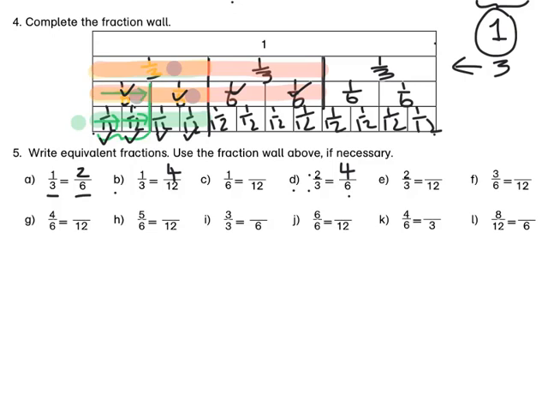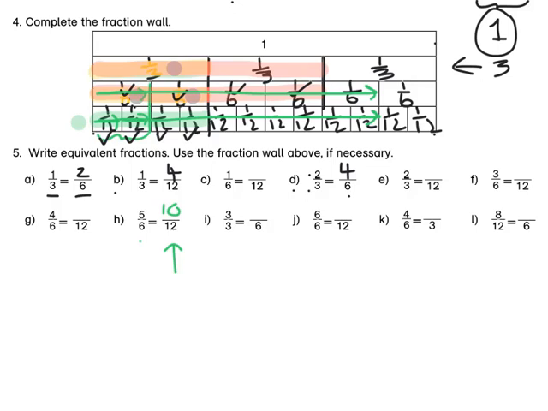Let's look at H. We've got 5 sixths. 5 sixths goes from there all the way till that point. Now we want to know how many twelfths is equal to that. So we must go all the way to there. Now let's count in twos. 2, 4, 6, 8, 10. So this means that there are 10 twelfths in 5 sixths.